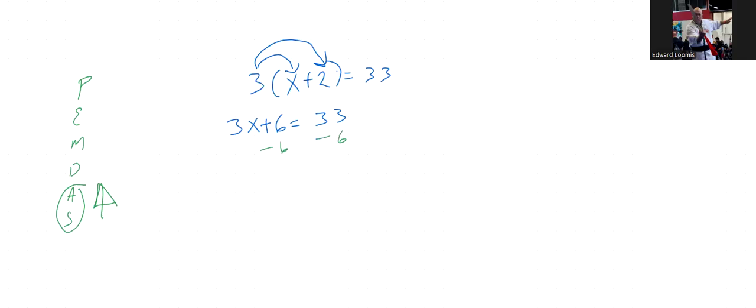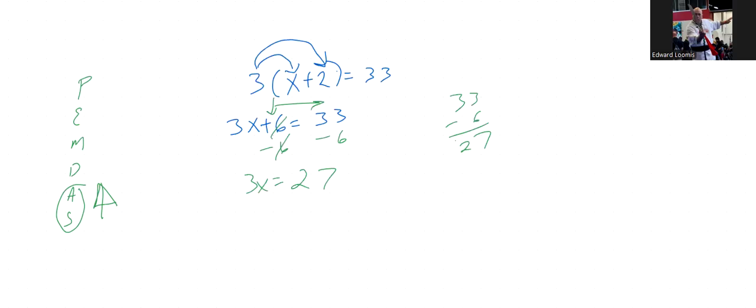Positive 6, negative 6, they cancel. So I get 3x equals 33 minus 6 is 27. I moved my addition over to the other side by doing the inverse.